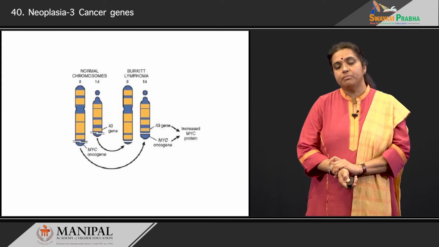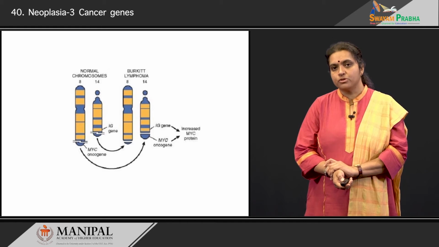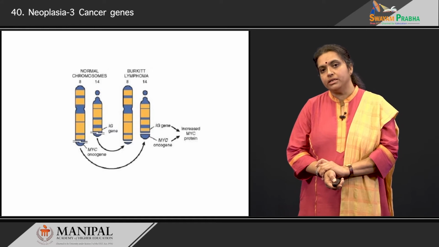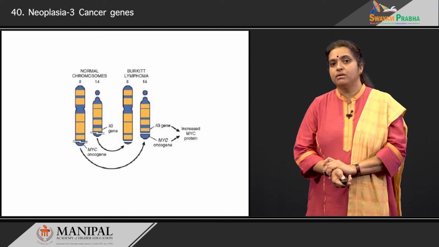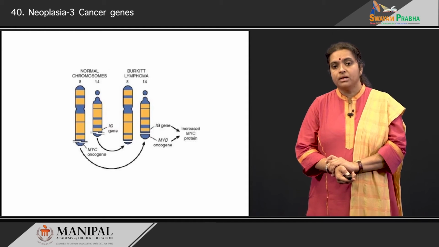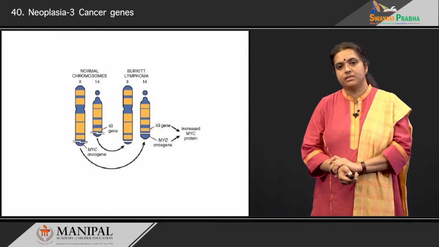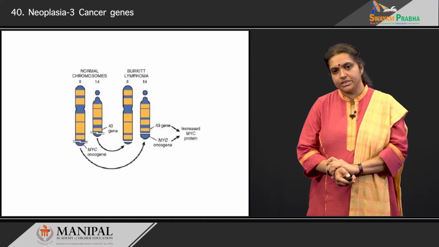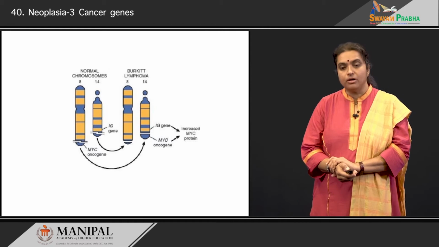Here, there is a translocation between chromosome 8 and chromosome 14 that places the MYC oncogene, which is normally present on chromosome 8, next to an immunoglobulin gene that is present on chromosome 14. MYC is a gene that codes for a transcription factor. So, you have an 8-14 translocation wherein the Ig gene is placed next to the MYC oncogene.